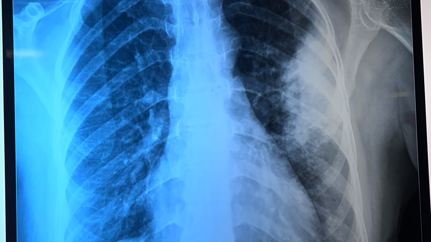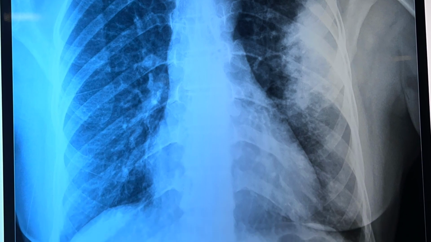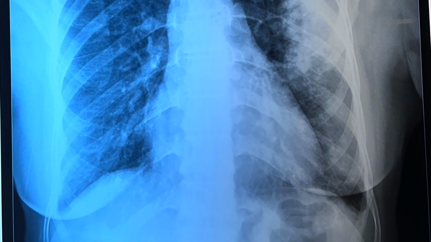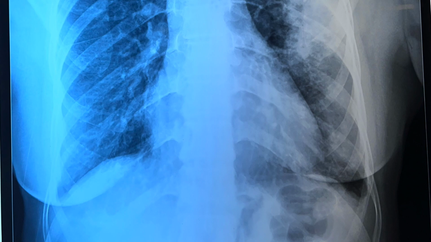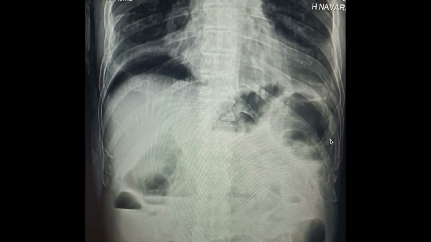The mediastinum and the rest of the lung fields appear quite normal. This patient just turned out to have a consolidation, which was proved by a chest CT scan, and she did very well with antibiotics.